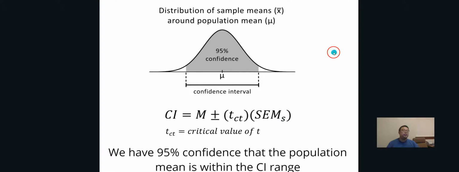The sampling error is calculated as the sample standard deviation divided by the square root of the number of cases. Using Excel or any calculation tool, we get two numbers: the sample mean minus T critical times the sampling error, and the sample mean plus T critical times the sampling error. Those are the range of the confidence interval.